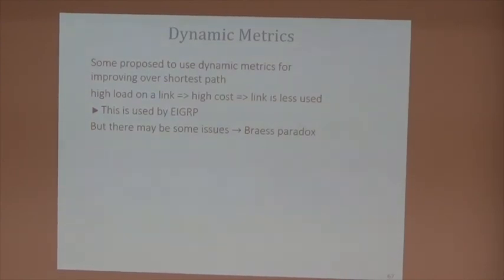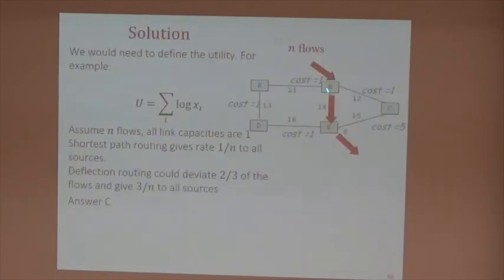For example, some functions could have an asymptote. When the utilization reaches 100%, then the cost reaches a very high value, right, which is reflecting the queuing behavior of everything. You could do this, and that would solve the problem here.